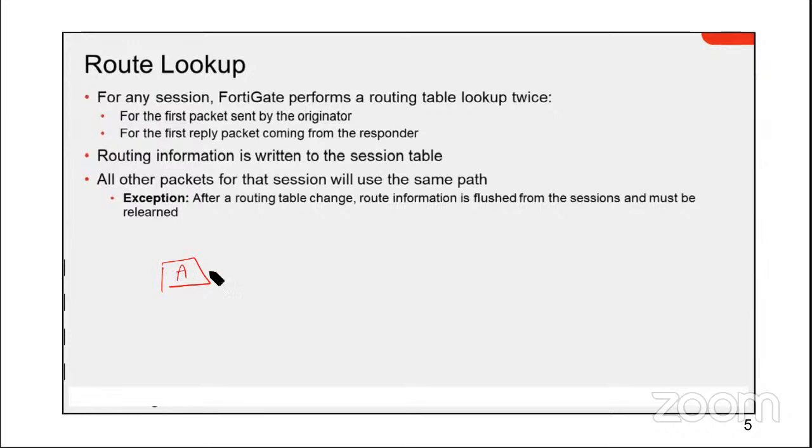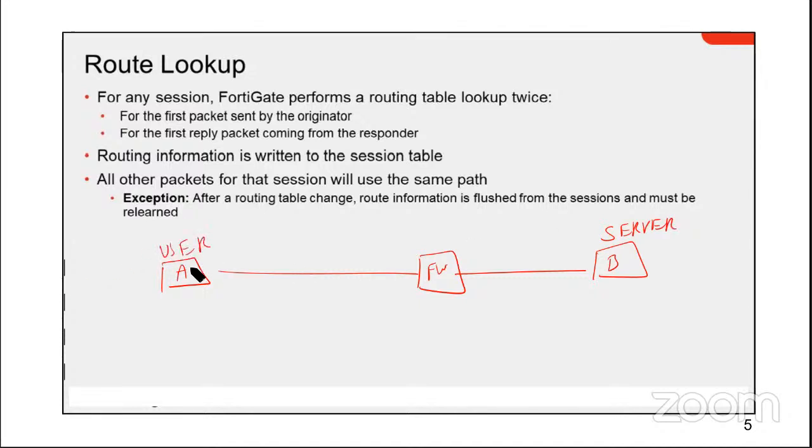Let's say, for example, I have a PC over here and I have a firewall over here. Simple situation, let's keep it simple. So let's say this is a server, and this is a user. Whenever I want to access this server on the web browser, I'll send off a TCP SYN packet.